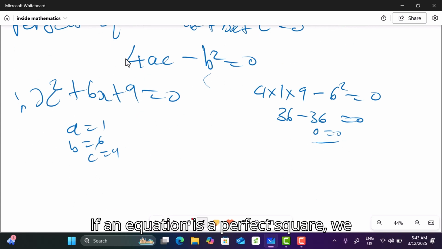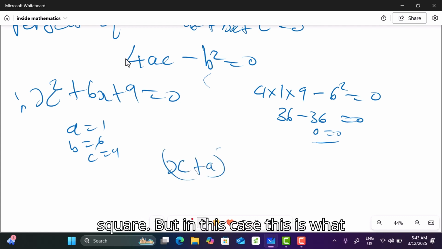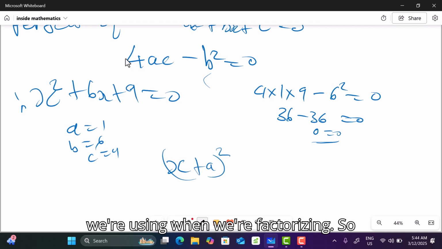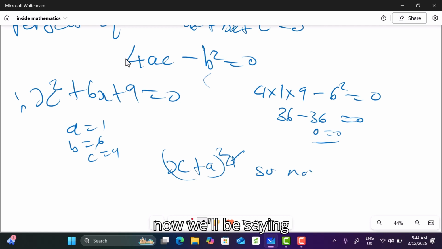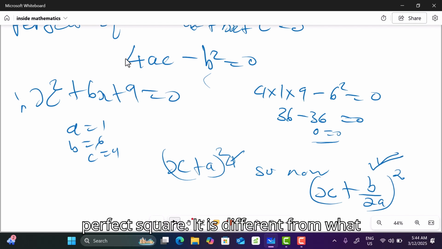If an equation is a perfect square, we have to apply a formula, x plus a square, but in this case, this is what we were using when we were factorizing. So now, we'll be saying x plus b over 2a bracket square. This represents a perfect square.